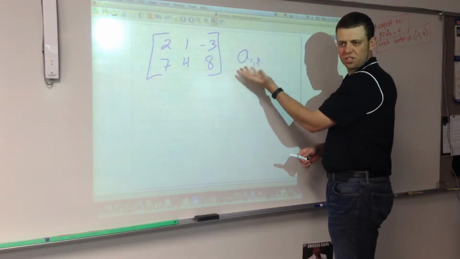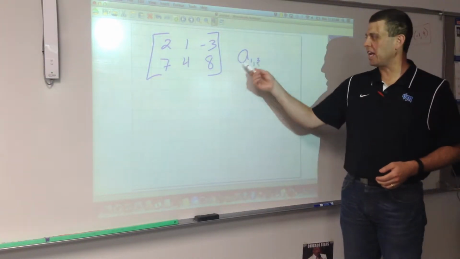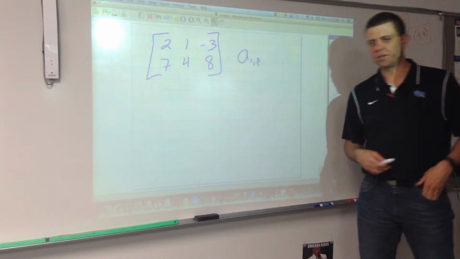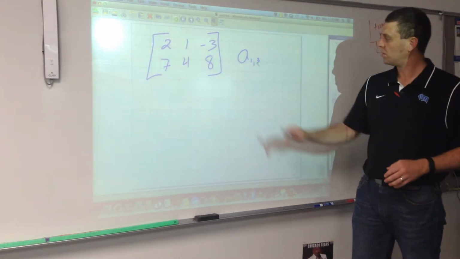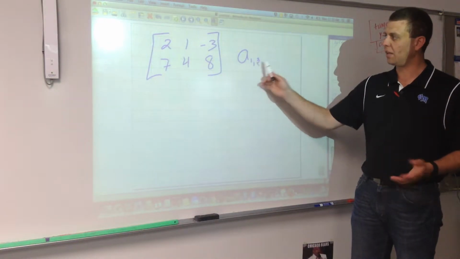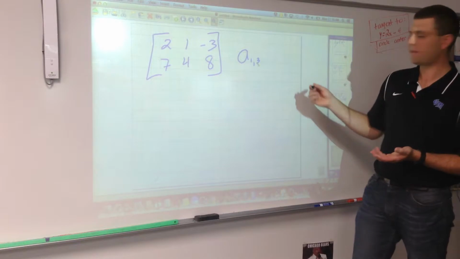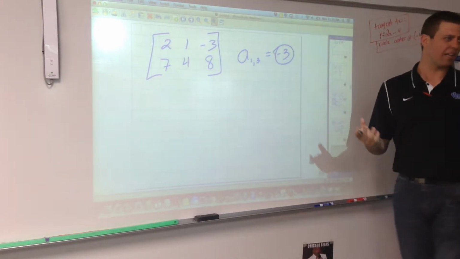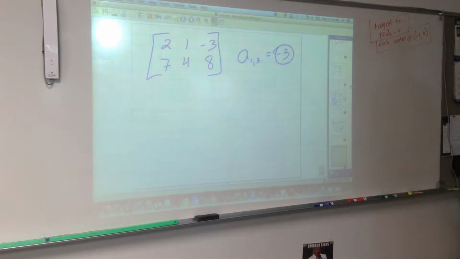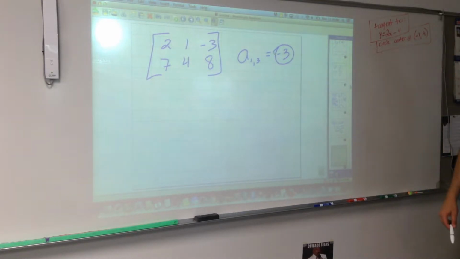So if you ever see this notation in a class, it says find a sub 1 comma 3, they're asking you to find the element in this matrix that's in the first row, third column. What element is in the first row, third column? Negative 3. Again, that's just matrix notation that we use once in a while.